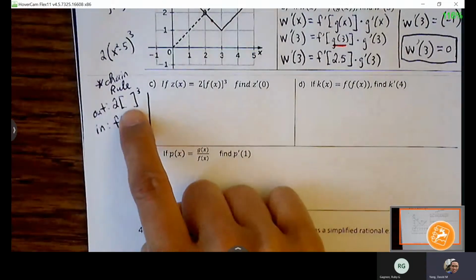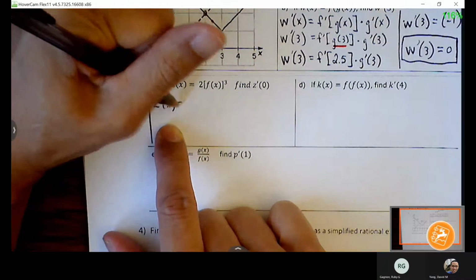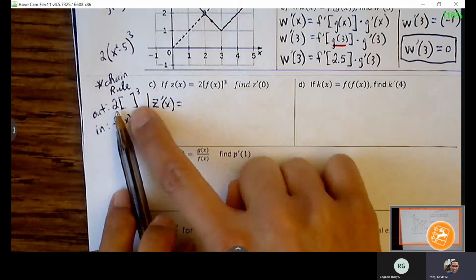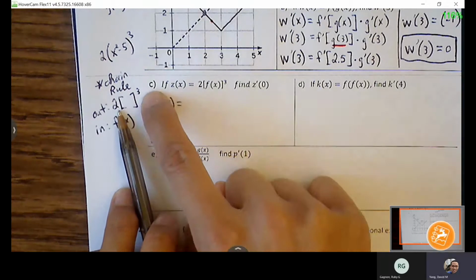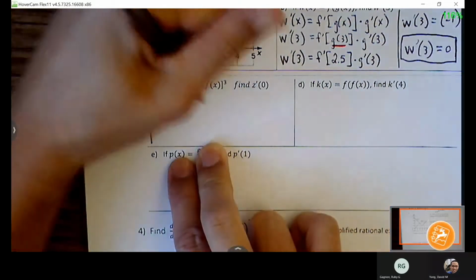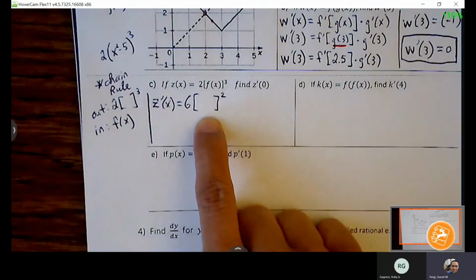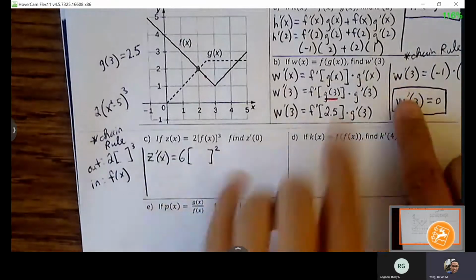Okay, outside derivative first. What's the outside derivative? Power rule, right? We do power rule here. And what do we insert in this space? Do we put f prime in here? What happens with chain rule here?